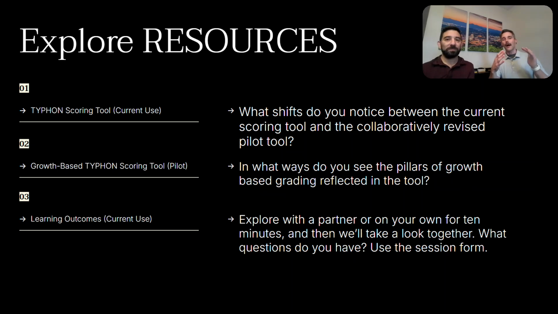And then you'll see the second version, which is the growth-based Typhon scoring tool. Generally it looks the same, but there are a few slight tweaks and differences that you might want to notice as you go through. You'll also notice the learning outcomes that are used within the School of Nursing, within the various programs that guide the AACN competencies into everyday practice at the University of Virginia.